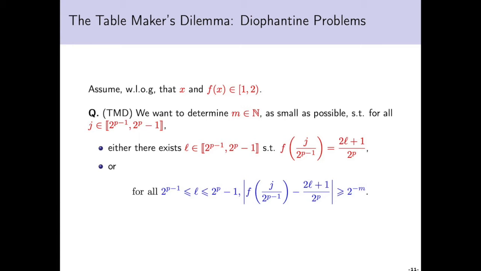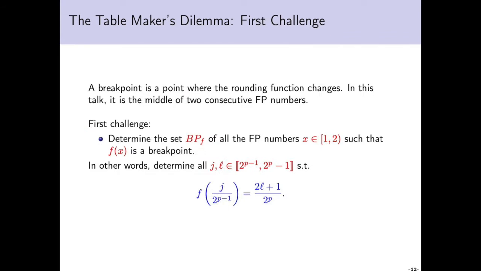I will try to illustrate our approach on this first question. Okay, we want to find all the floating point numbers whose value is exactly a breakpoint. Okay, so we have to determine all the j, all the l in this interval, such that f of this floating point number has exactly this shape.